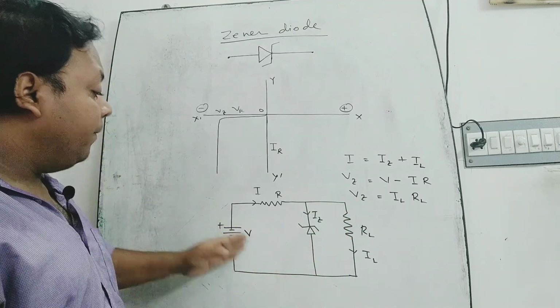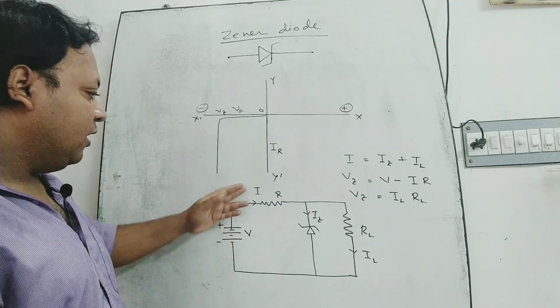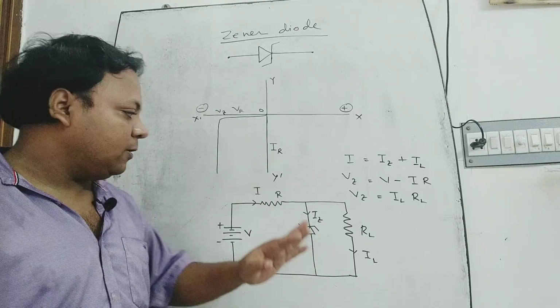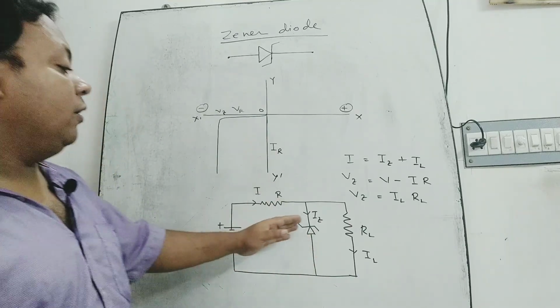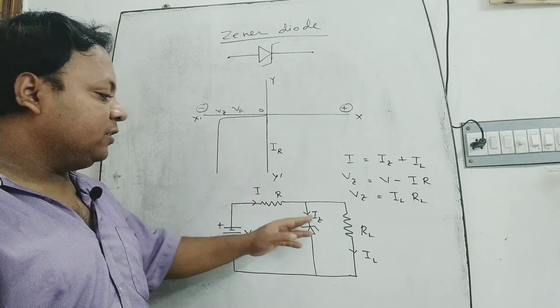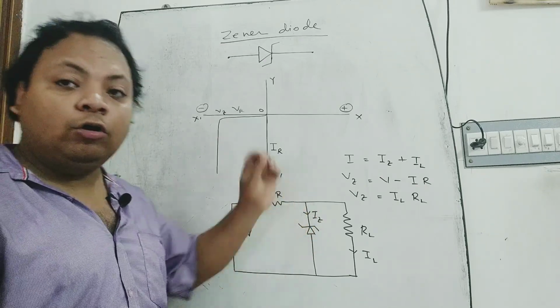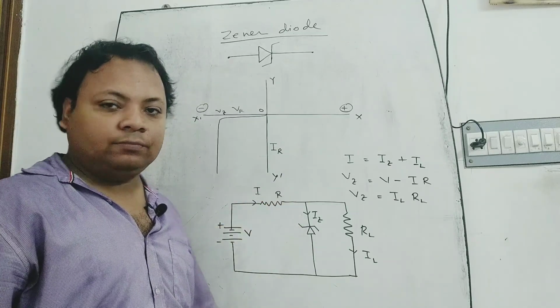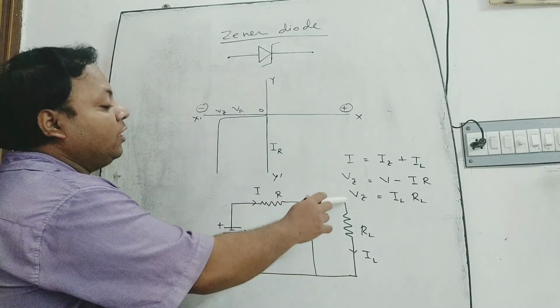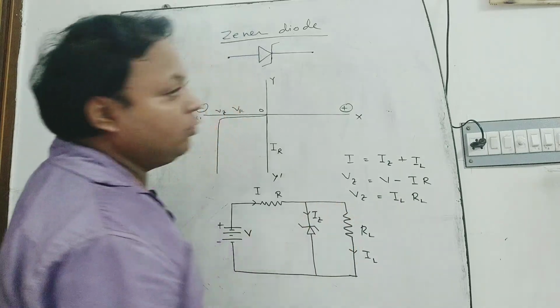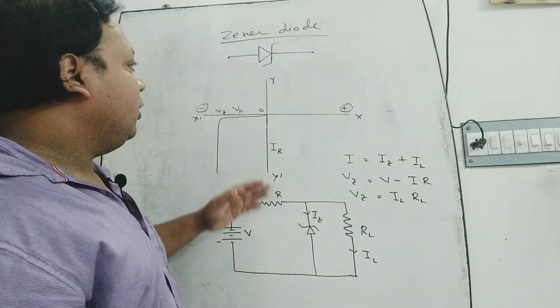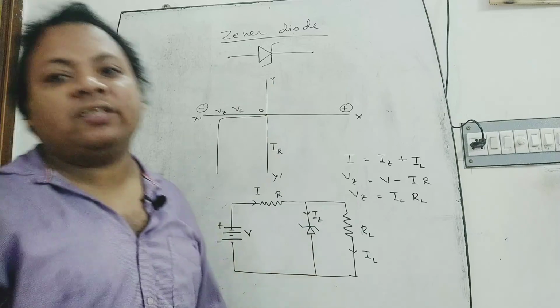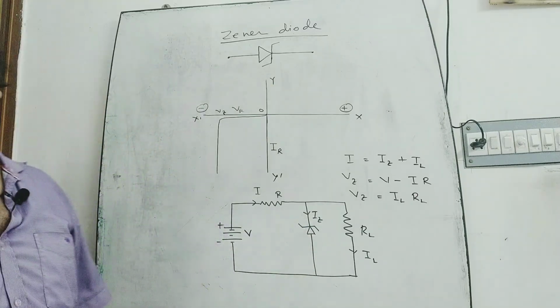And when V decreases, the value of I decreases and IZ also decreases, but the value of VZ remains constant. That's why the potential difference across RL remains constant. In this way, we can use the Zener diode as a voltage regulator.